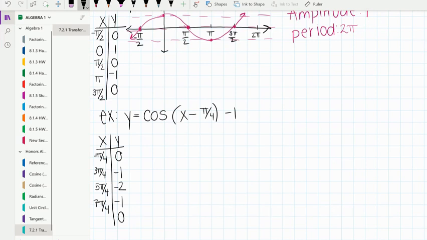And then you can do 8 pi over 4 plus pi over 4, which is 9 pi over 4. And I realized I made a mistake back here because that should be adding because we're going to the right. So that should be pi over 4. My apologies. Okay, so we are going to go ahead and sketch this.